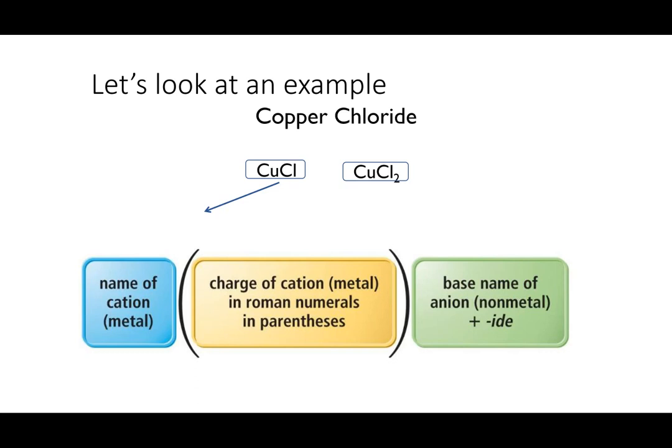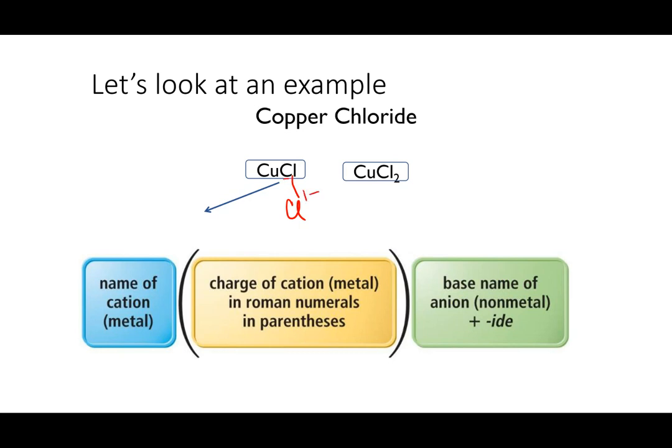It's a transition metal. It can go from +1 or +2. Chlorine, on the other hand, is one of our main group elements. It's always going to have the same charge. So if I look at an ion of chlorine, what is the charge going to be? It's always going to be a -1.